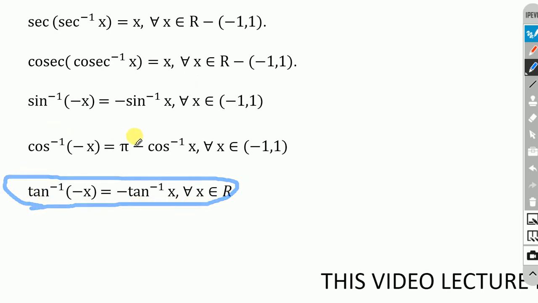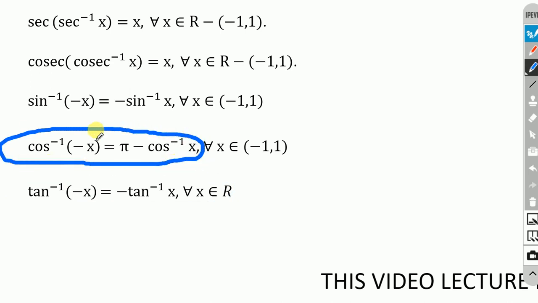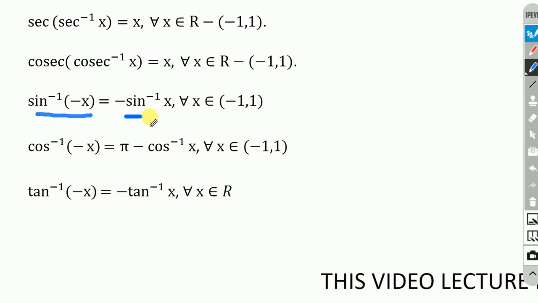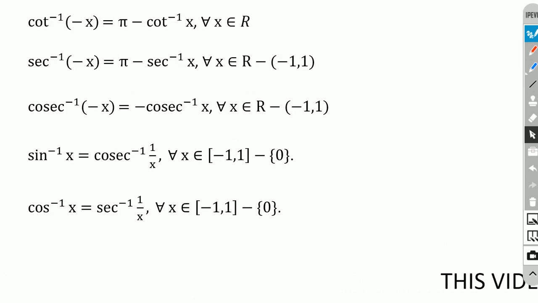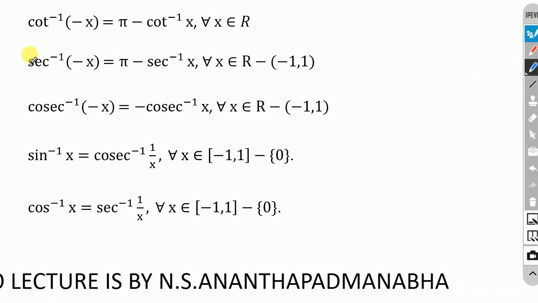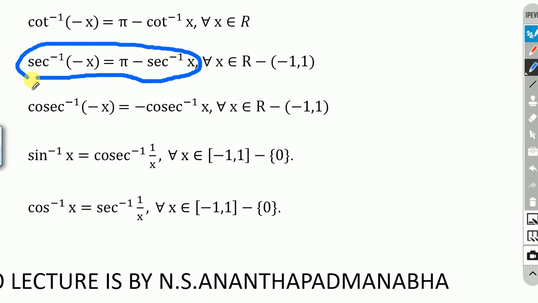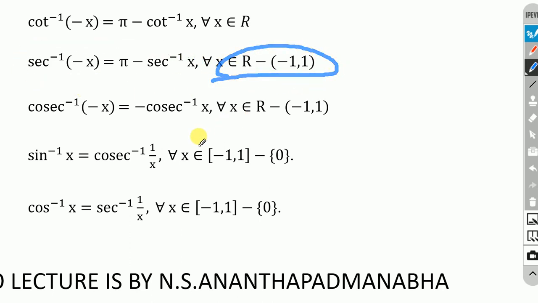So in this slide you can observe that cos inverse of -x is pi minus cos inverse x, whereas sin inverse of -x is -sin inverse x, and tan inverse of -x is -tan inverse x for all x belonging to R. Similarly, cot inverse of -x is pi minus cot inverse x, with x belonging to R. Secant inverse of -x is pi minus secant inverse x for all x belonging to R minus the open interval -1 to 1, that means the set of reals except this open interval.